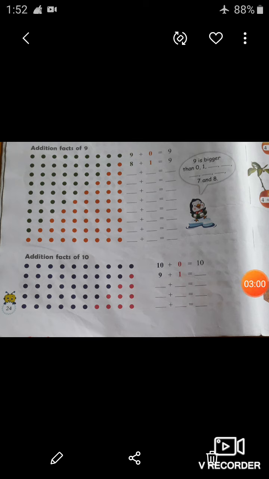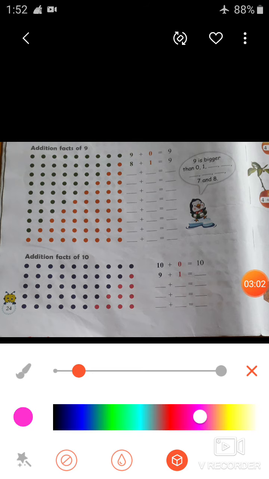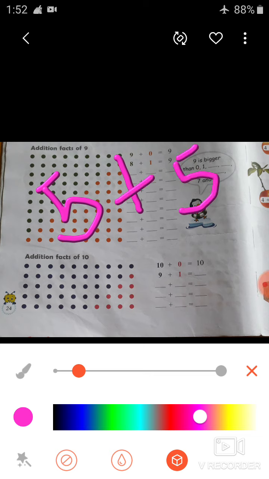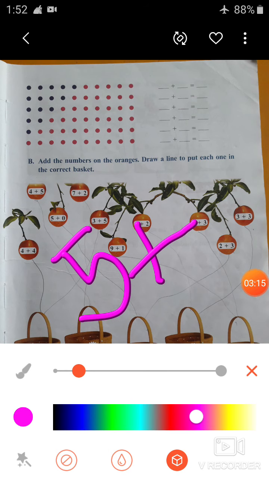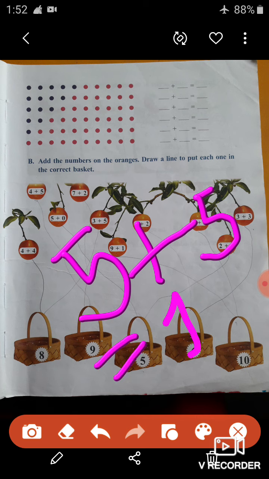In the next one there are 5 blue dots plus 5 pink dots. So 5 plus 5 equals 10.